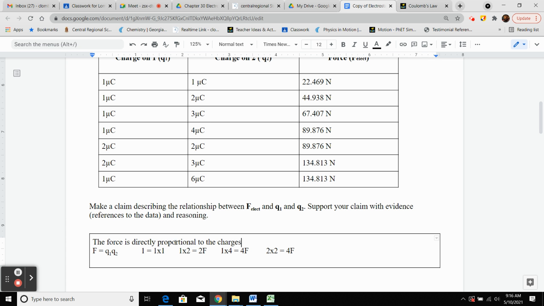So the force is directly proportional to the product of the charges. That would make it better, right? That would make 100% more sense, and that goes very well with our data, and especially the simplified version that we just showed right there.